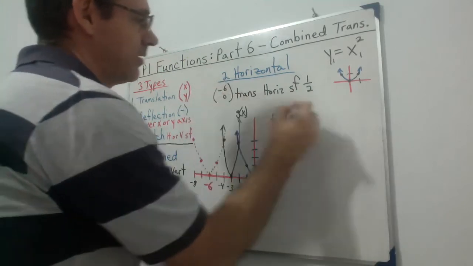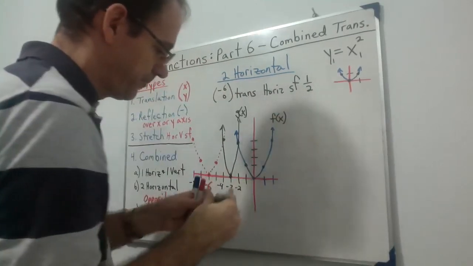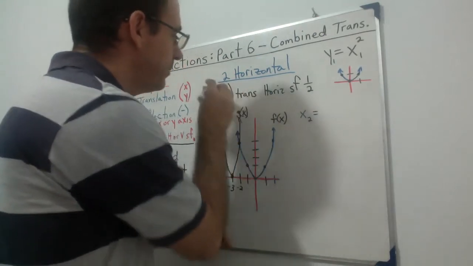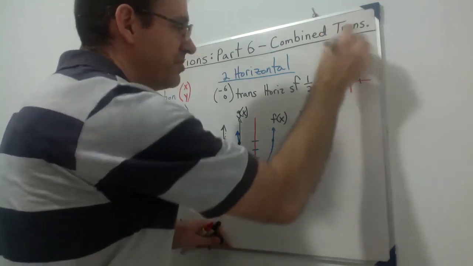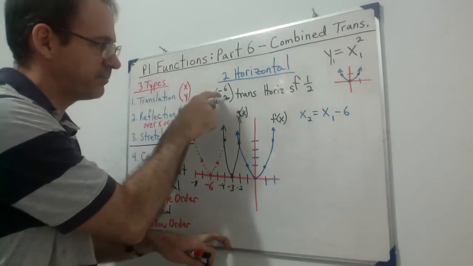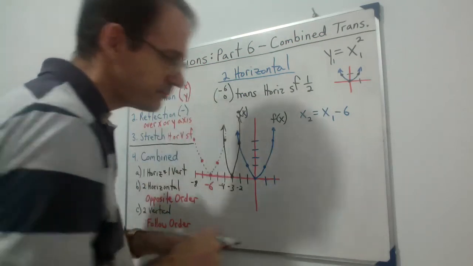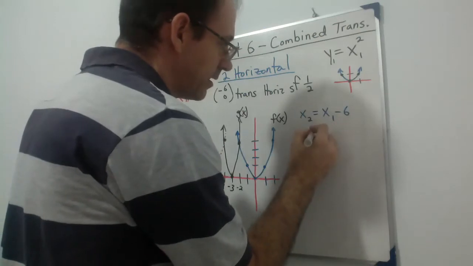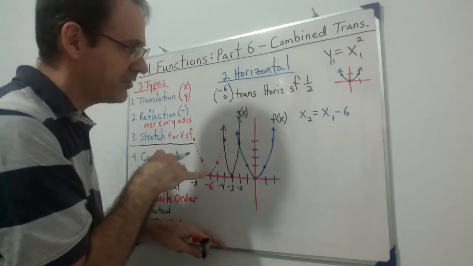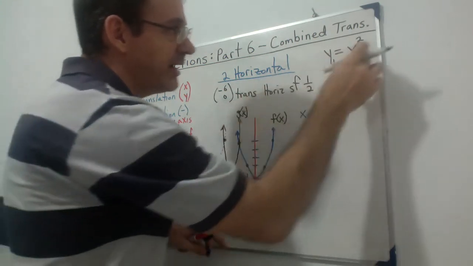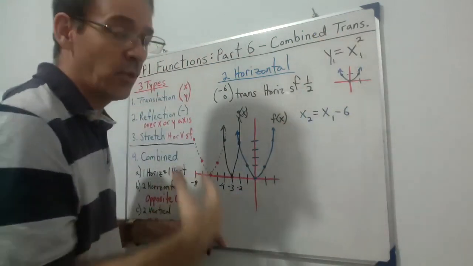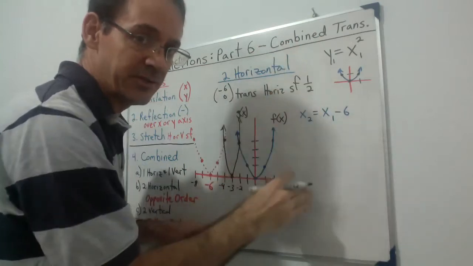So our new x is going to be the old x, or the original x, minus 6. Because it says to take -6 from our x value, which would mean, and because we are starting with the old function, I want to look for some substitutions here.